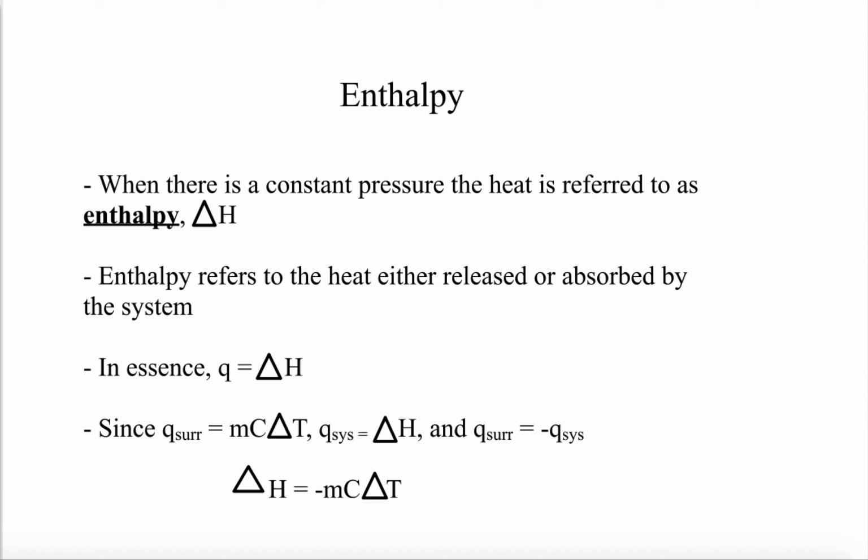Since delta H is the Q of the system, and this is equal to the opposite of the Q of the surroundings, you can solve for delta H, or the enthalpy, as equal to negative mc delta T. So now we have an equation in order to solve for the delta H of a reaction, or the enthalpy. It's very similar to the heat that we've already gone over, but this time we can attribute that to the enthalpy. So let's do a practice example here.